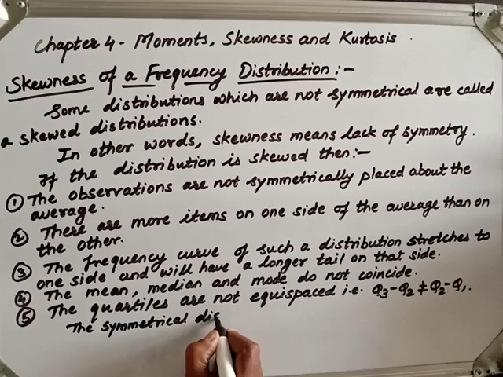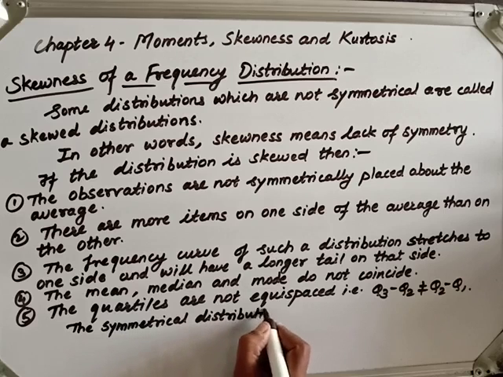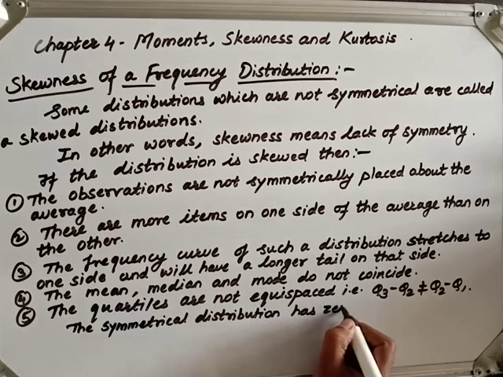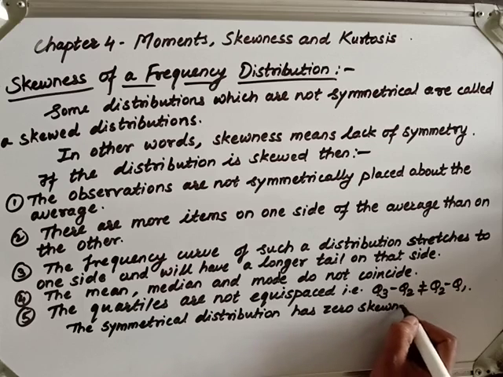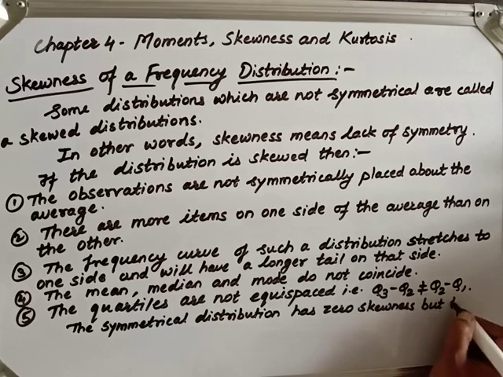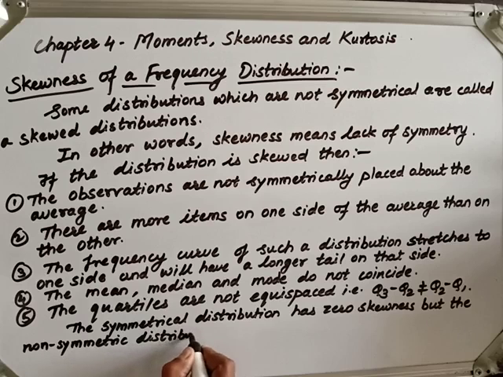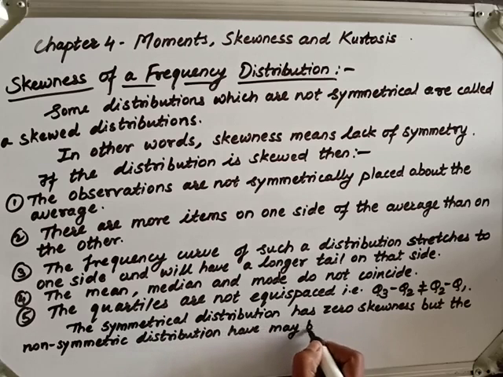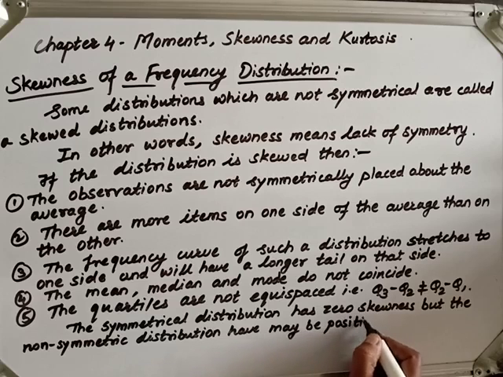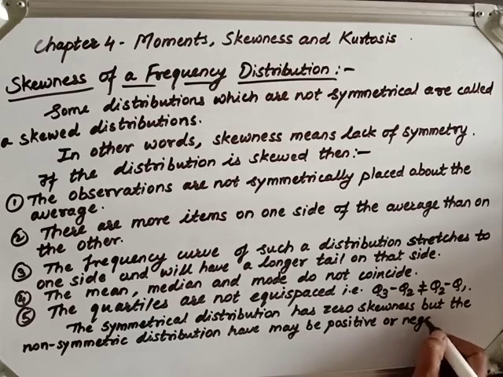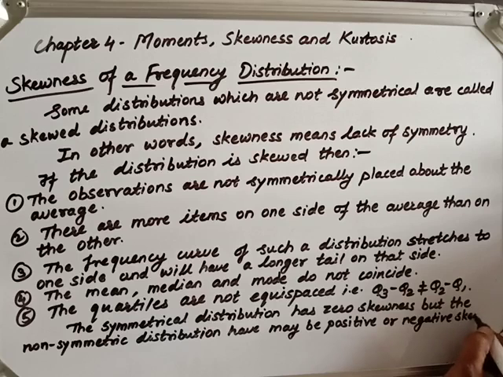The symmetrical distribution has zero skewness, but a non-symmetric distribution may have positive or negative skewness.